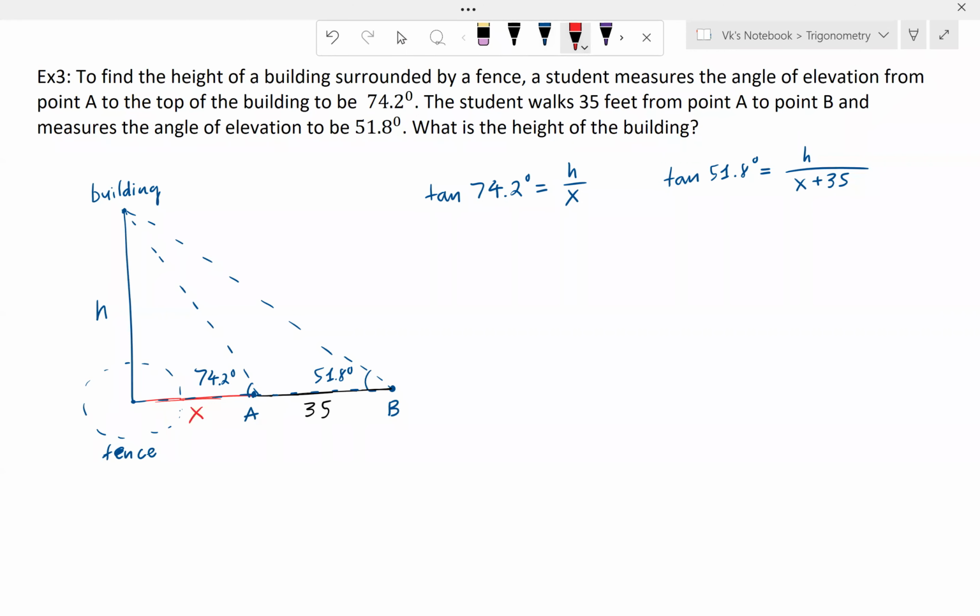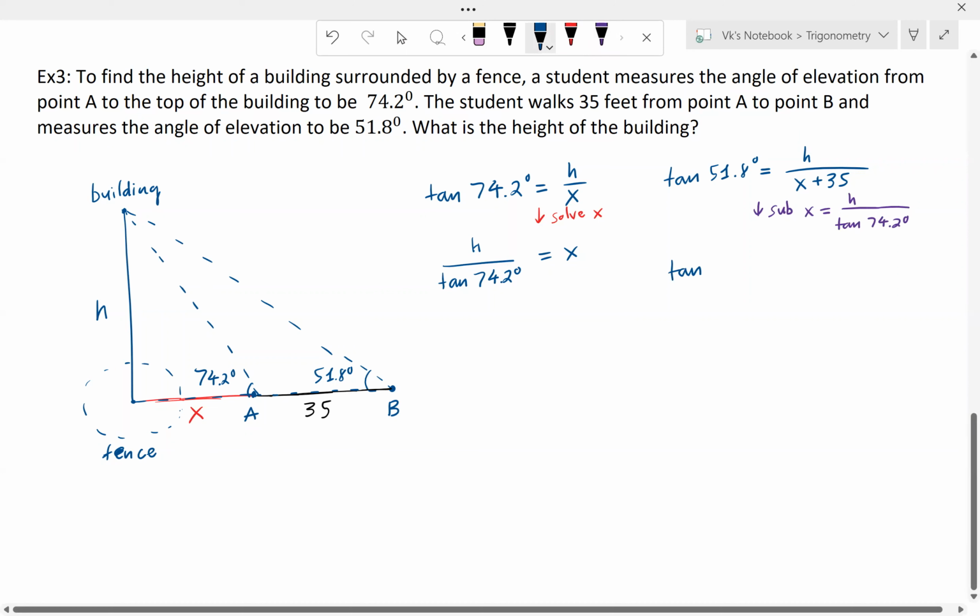From the first equation, we can solve for x. From here, you see that x is h over tangent of 74.2 degrees. So once we solve for x, we're going to sub x in here.